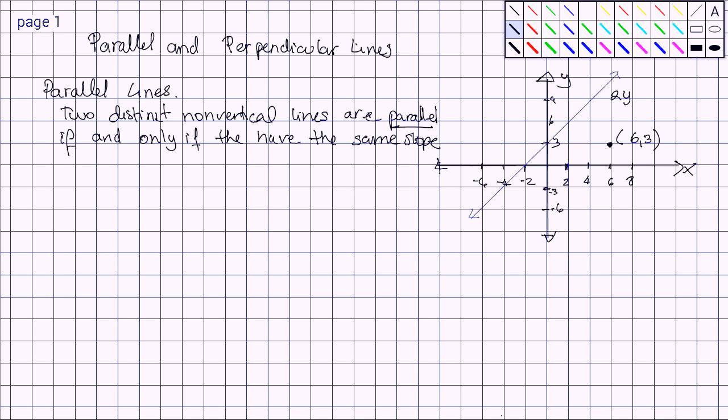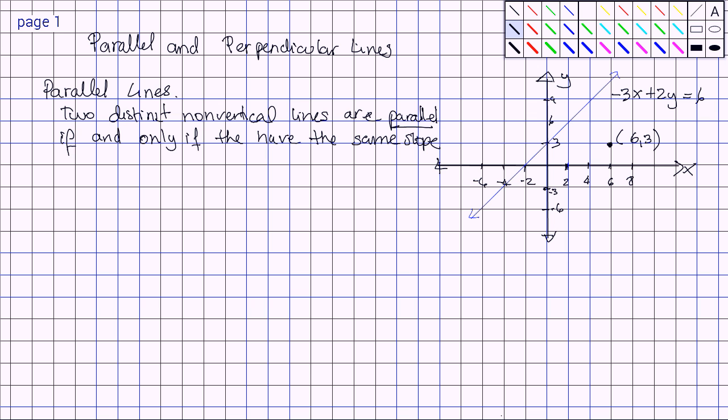This is in the form of negative 3x plus 2y equals 6. So that is the standard form of the equation of this line. And we're asked to find a parallel line that passes through the point (6, 3).